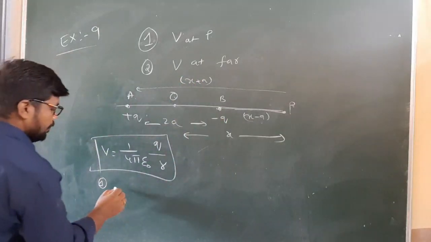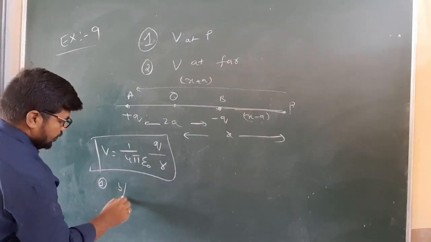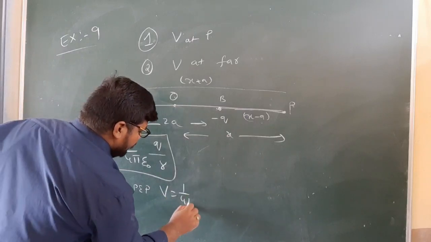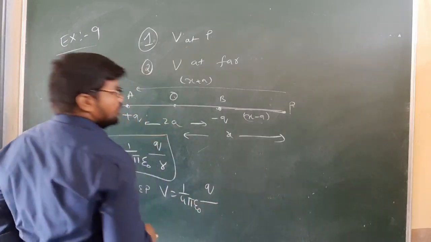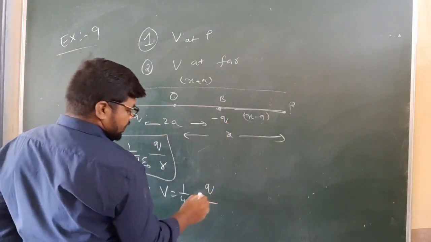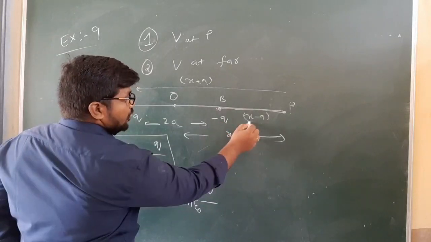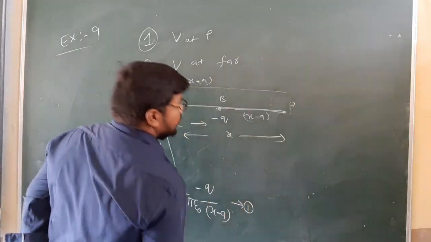Between P and B, potential V1 is equal to 1 by 4 pi epsilon naught, minus Q by x minus A, equation 1.